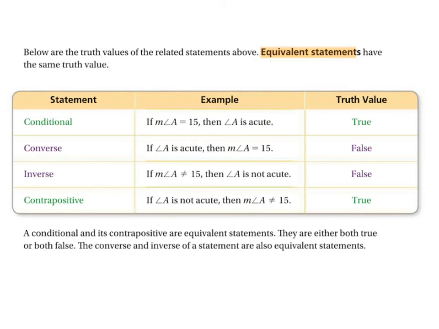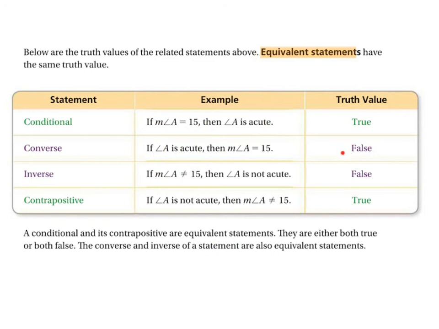What about the contrapositive, where you switch their positions, hypothesis and conclusion, and you also negate them? If angle A is not acute, then the measure of angle A is not 15 degrees. Yeah, that's true. If it's not acute, then it's not in the range of 0 to 90, so it can't be 15. The conditional and the contrapositive will also have the same truth value. These two will have the same truth value, and these two will have the same truth value.